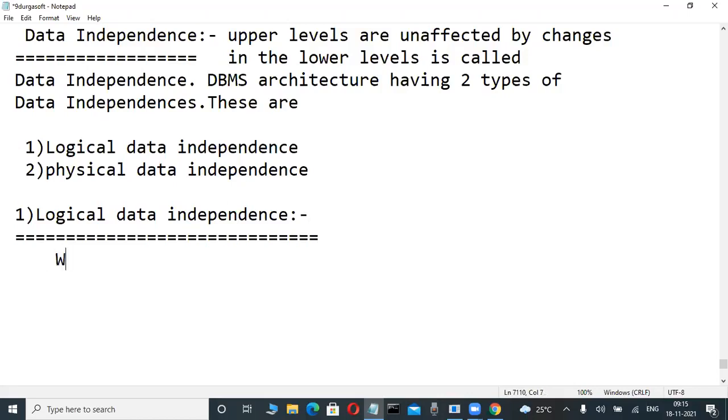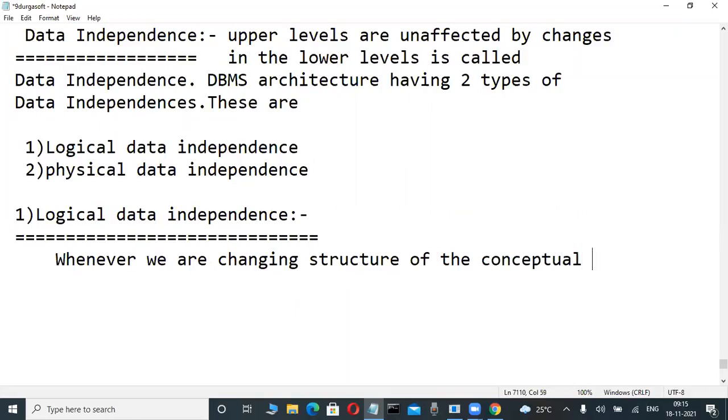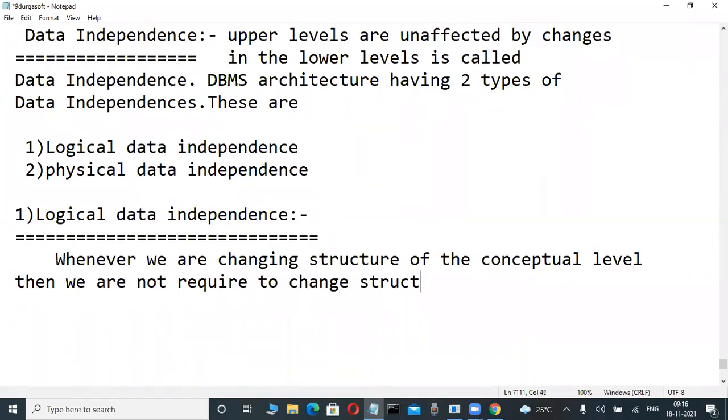Whenever we are changing the structure of the conceptual level, then we are not required to change the structure of the external level.